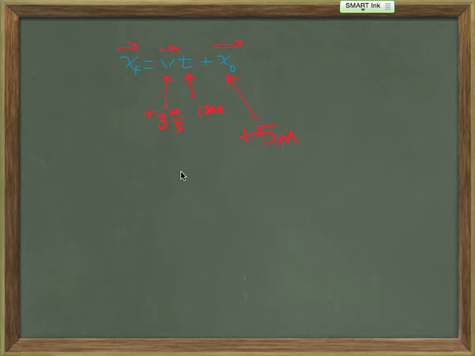So I could, and many of you will find it very easy to just use positive, negative for direction. And a lot of examples that'll work. So I go 3 times 1 is 3, and the units become meters, plus my 5 meters.